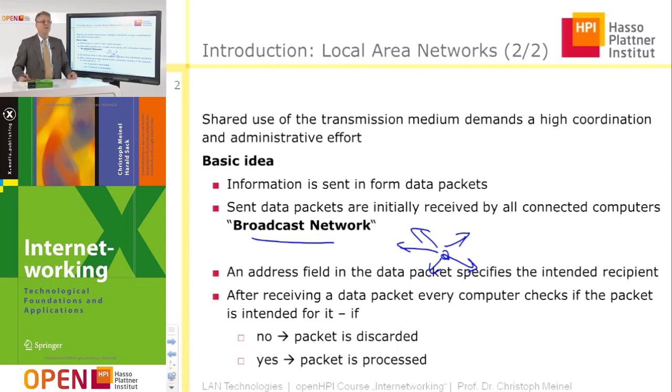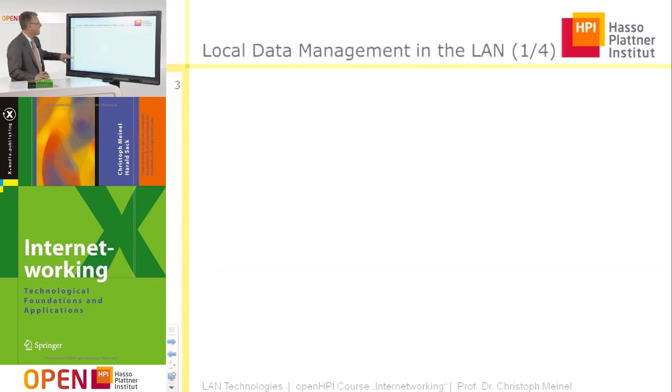Why is this broadcast technology used? This is simply for getting speed. There is typically no logic to decide what the best path to the other computer is. No, the packet is sent over all the paths that are available.